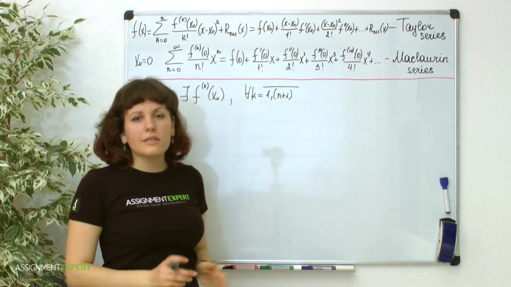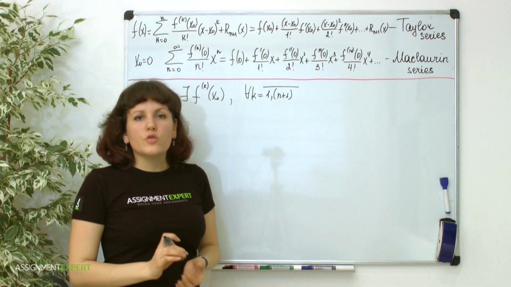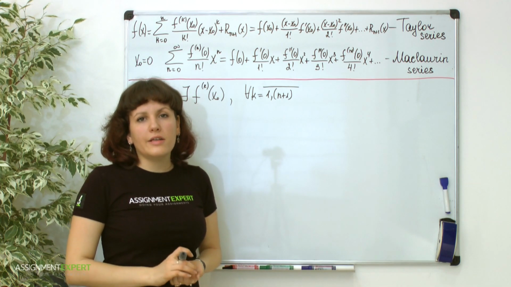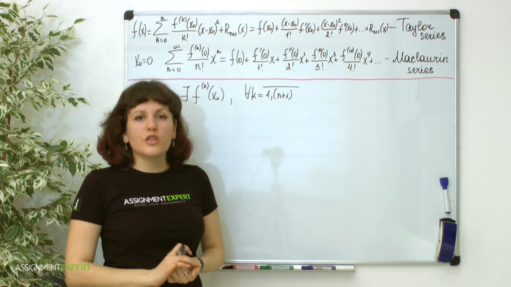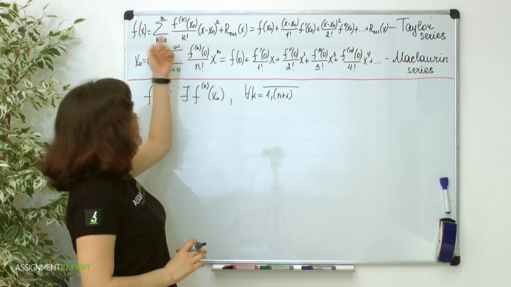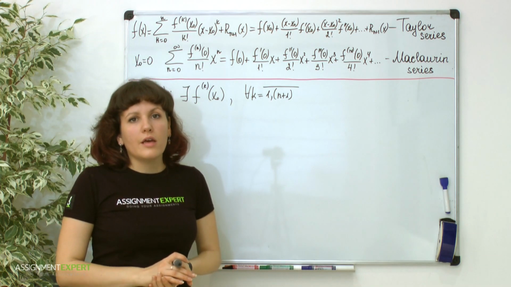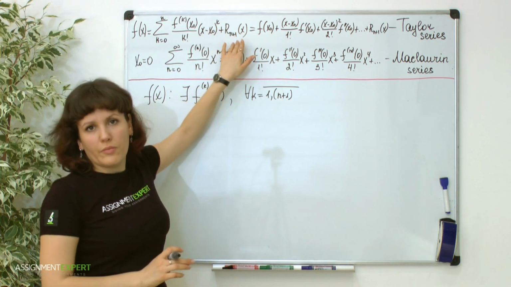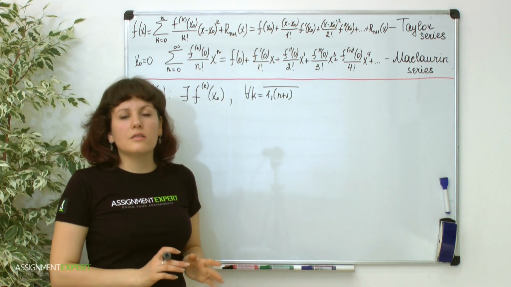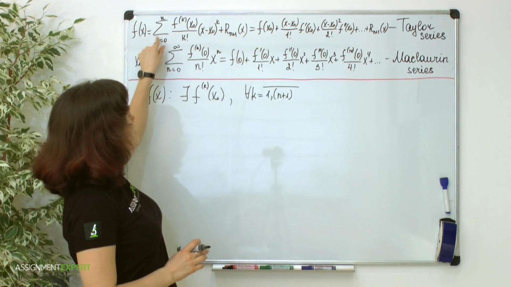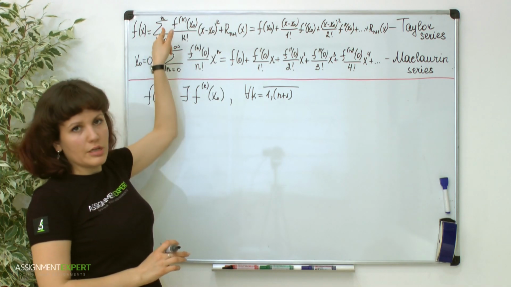Remainder term can be represented in different ways. It should be placed if we consider the finite number of terms, because in such case, approximation and our function itself differ. Therefore appears this remainder term. Remainder term thus indicates difference between our function and its approximation by Taylor series.